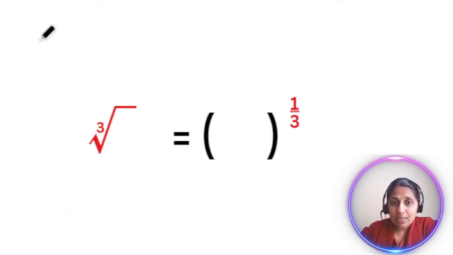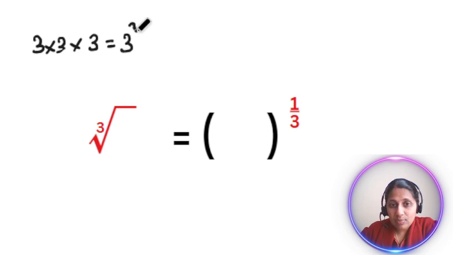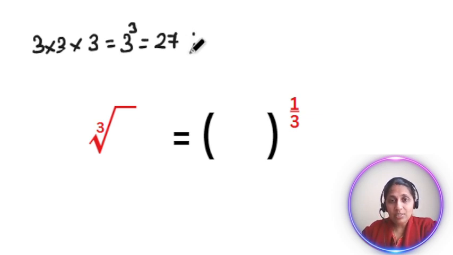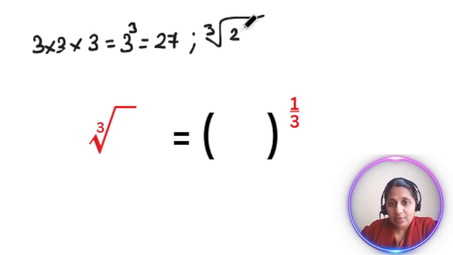Take for example the number 3. So 3 times 3 times 3 will give you 3 cube, which is 27. So this is the cube of the number 3. Now let's go the reverse way, which is taking the cube root of 27. So write the previous step.